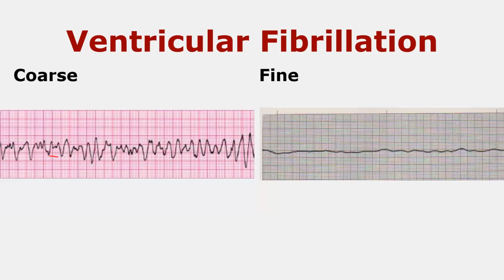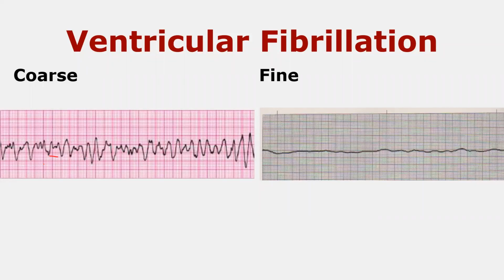Fine ventricular fibrillation indicates or suggests that there's no more oxygen reserve in the myocardium, such as what happens when you have a patient who develops cardiac arrest and you notice it after a long time. So let's say the patient is now unconscious for at least 5 minutes, you're going to see fine ventricular fibrillation.